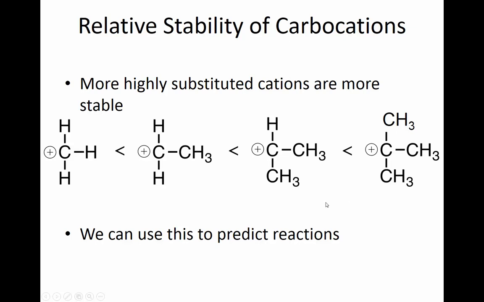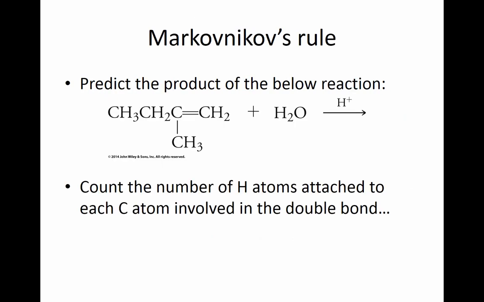And again, we can use this like we did before to predict reactions, except now this has a fancy name. It's called Markovnikov's rule, and basically it allows you to predict the reaction for these carbocation reactions.